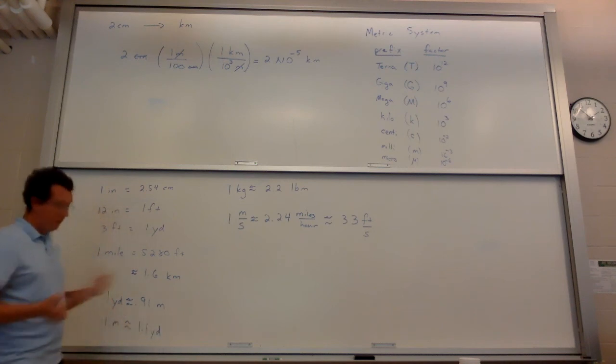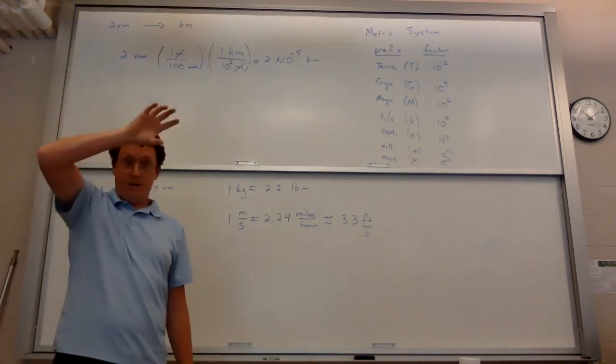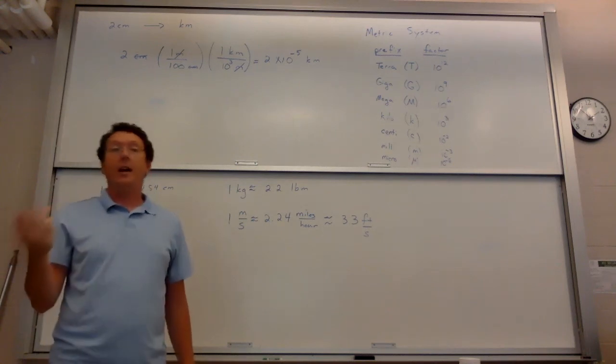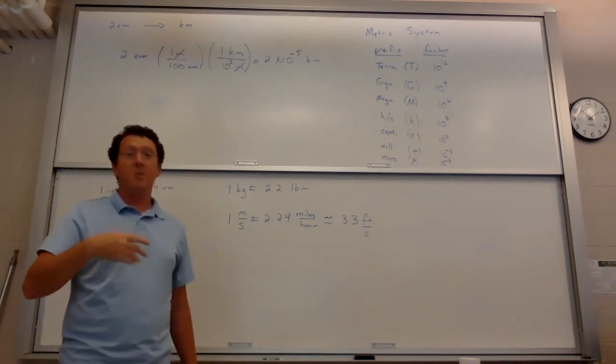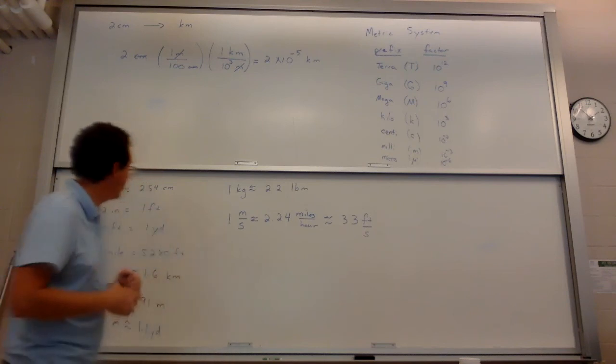So if you know the number in meters, just add 10% to the numerical value, and that's the conversion to yards. And if you know the answer in yards, subtract 10%, and that'll get you to meters. Okay, so that's kind of good.